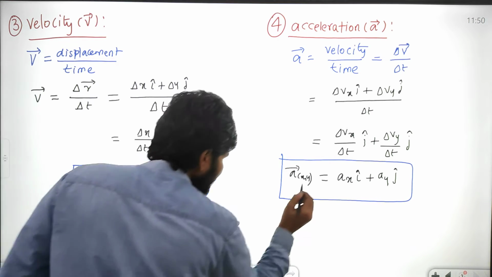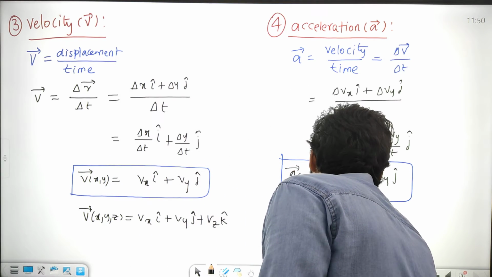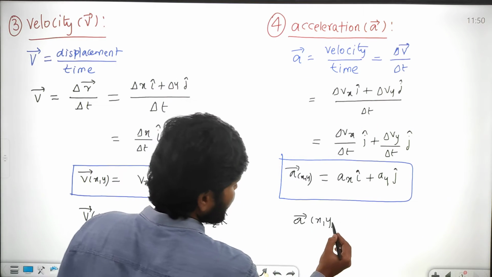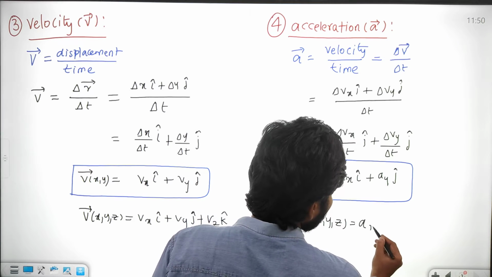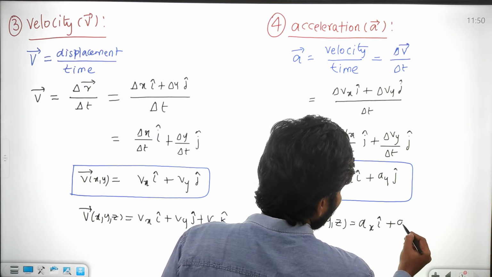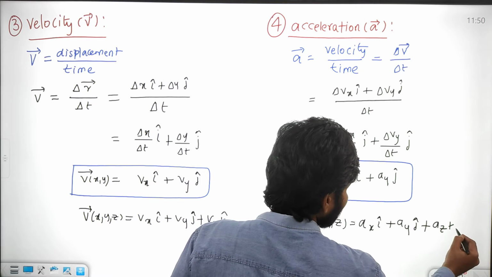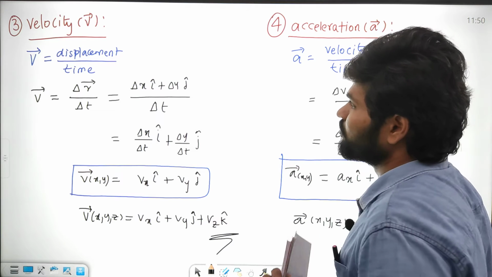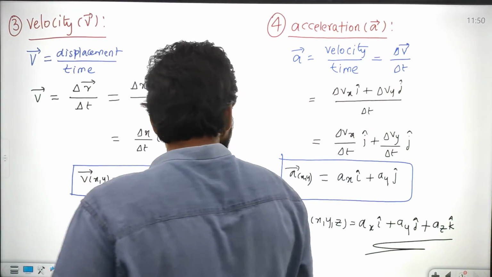If they ask acceleration also in 3 dimensions, you have to write ax i cap, ay j cap plus az k cap. This is the 3 dimension representation of the velocity, and this is the 3 dimension representation of the acceleration vector.